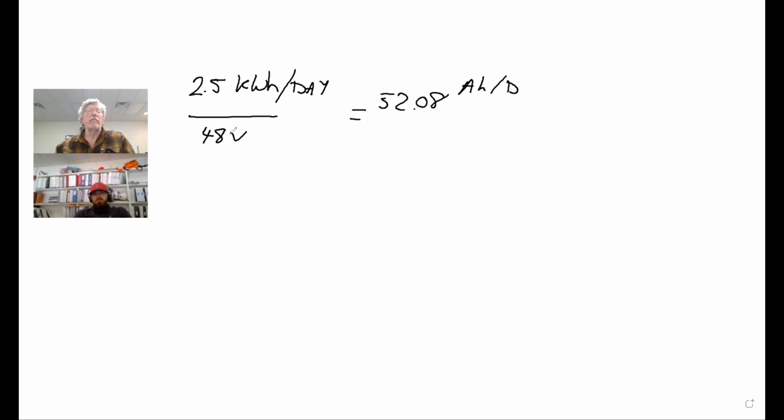Okay, so now I've taken my voltage, I've divided my load, and I find out how many amp hours I need each day to service the load that I have, 52.08. But then I need to know some other things. Well, how many days do I want this thing to run if there is no sunlight? It might be one day. I mean, there will be sunlight, but maybe not a lot.